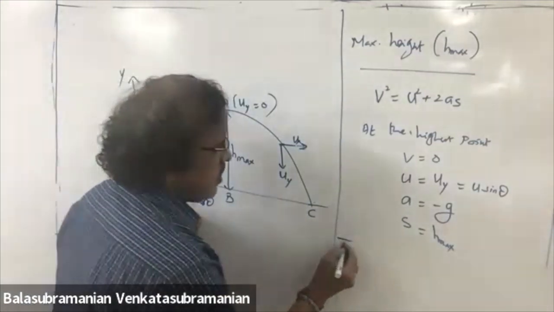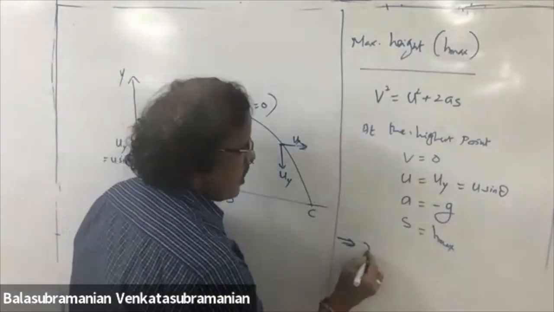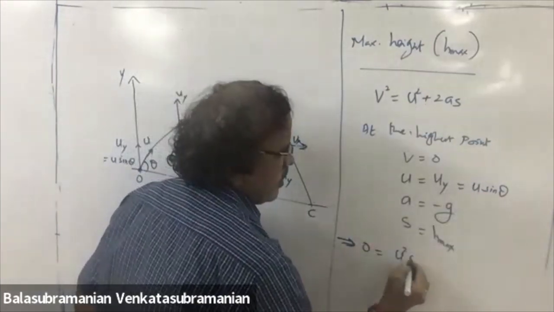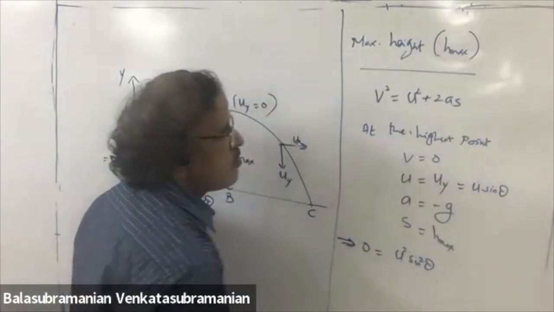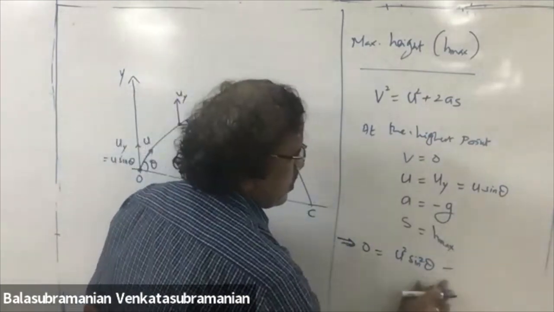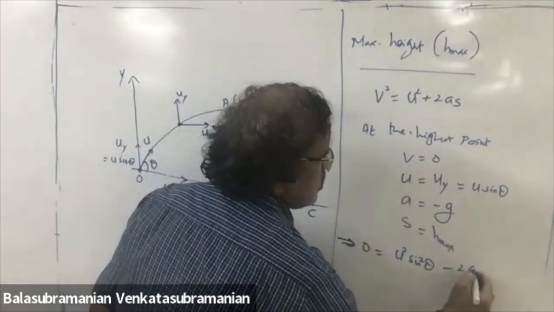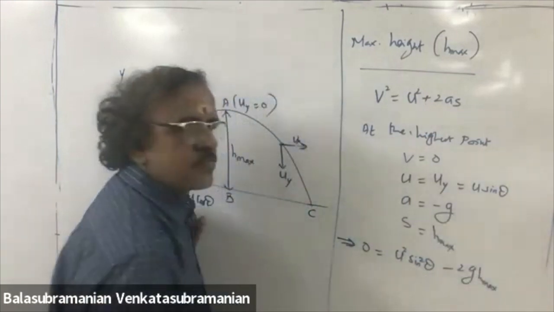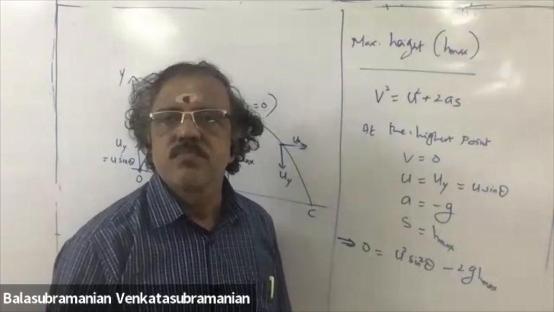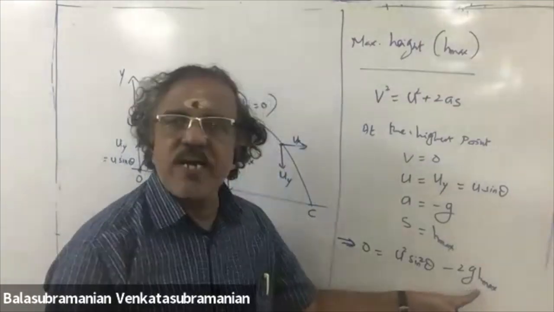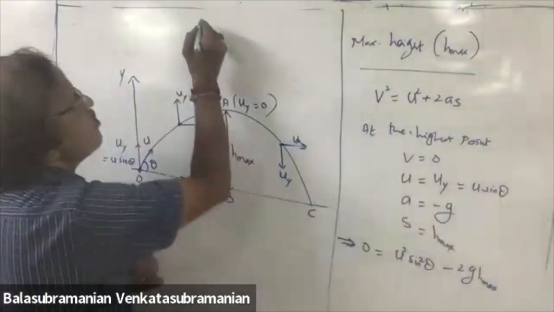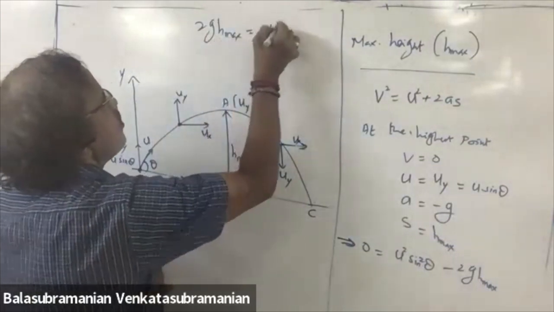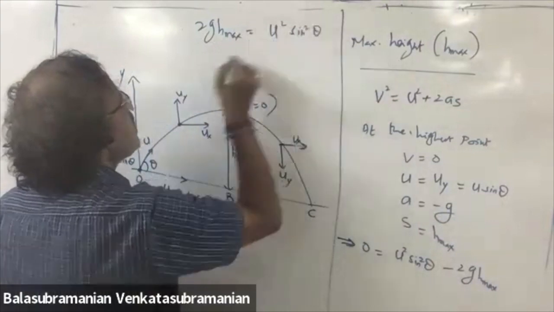So I can write 0 is equal to u square sin square theta minus 2g h max. Minus 2g h max, you bring it to the left hand side. 2g h max is equal to u square sin square theta.